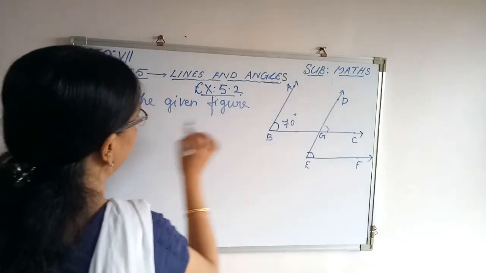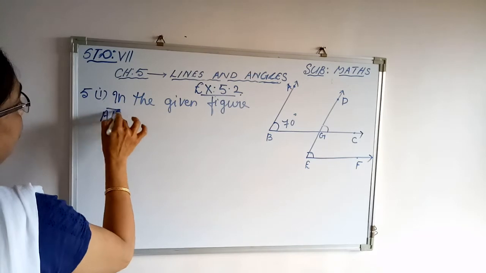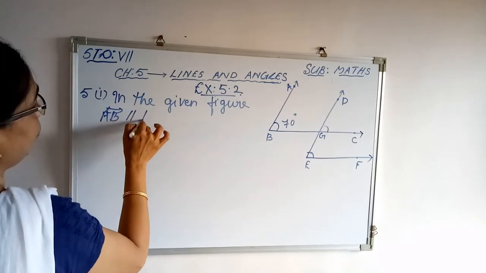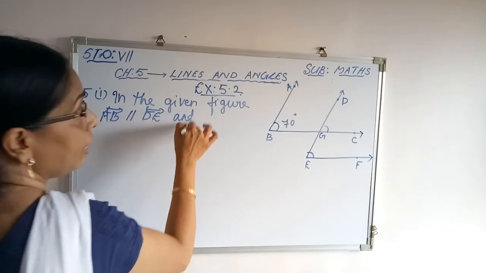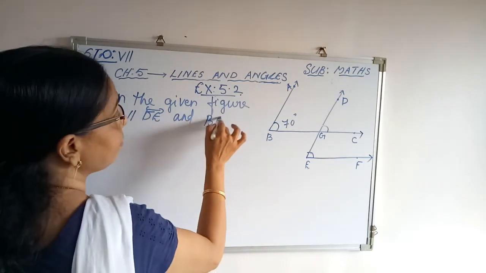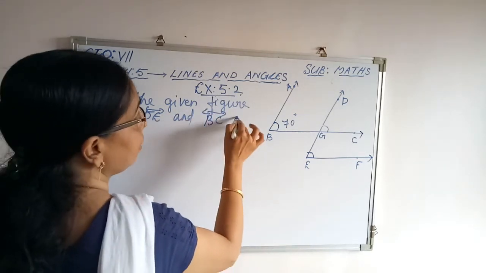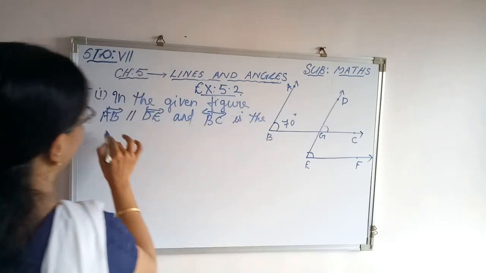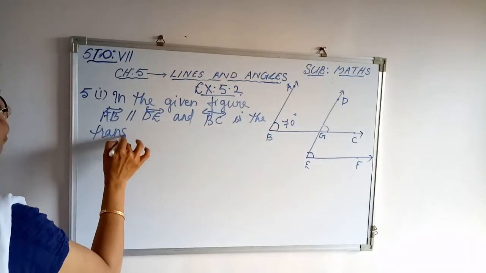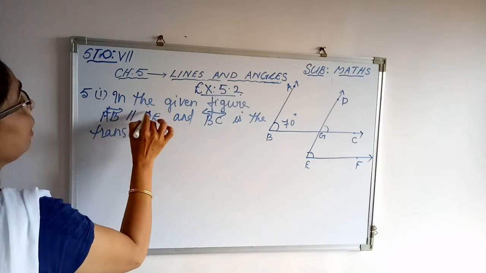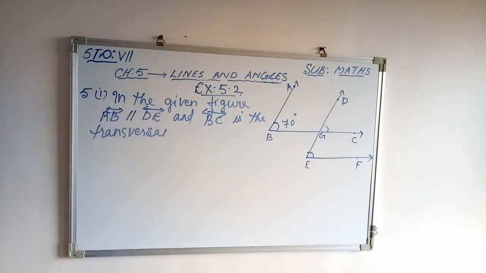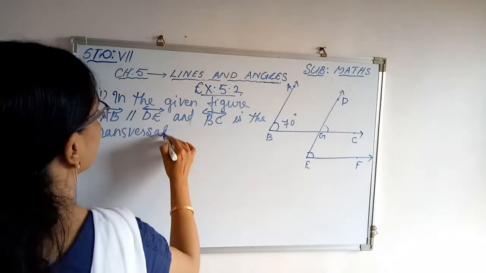So these two you take, AB parallel to DE, and take which one as the transversal, BC take as the transversal. BC is the transversal. Okay. DE and BC is the transversal.